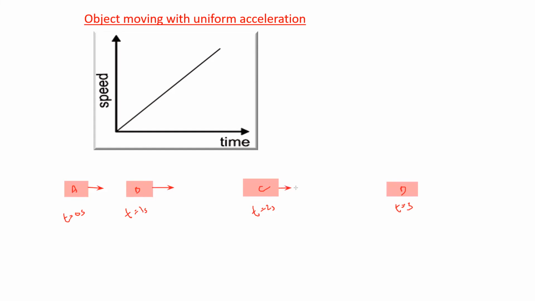The speed is changing, but the change in the speed is constant. For example, in the beginning, it started from rest. Then after 1 second, its speed, for example, is 5 meter per second. Then after 2 seconds, its speed is 10 meter per second.